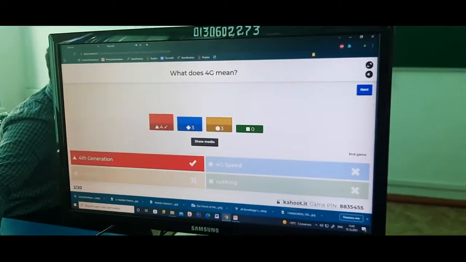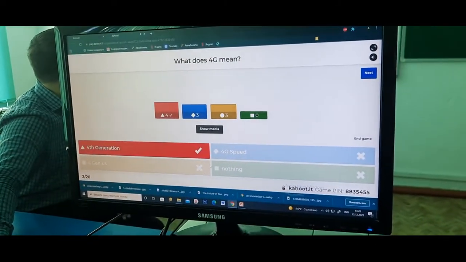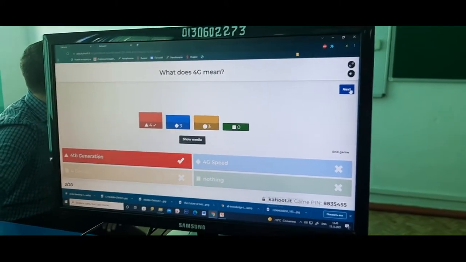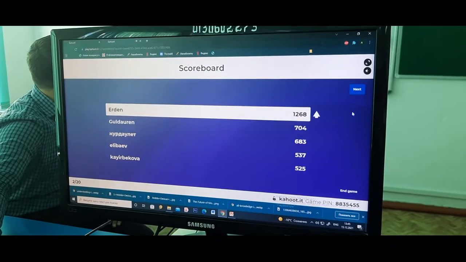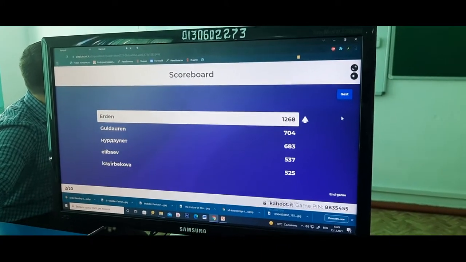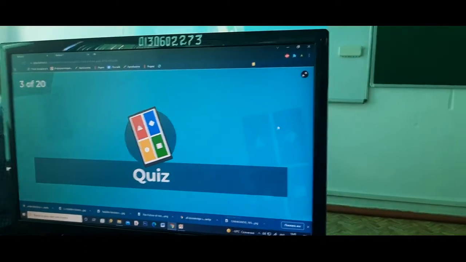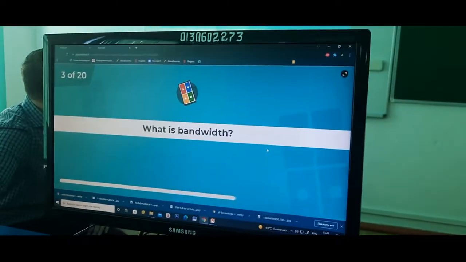The fourth generation. Okay. Then the first to answer the question.